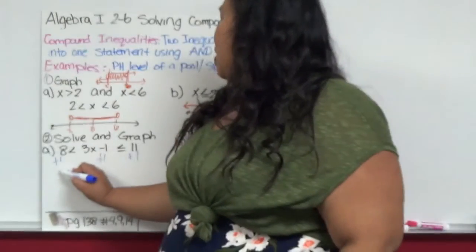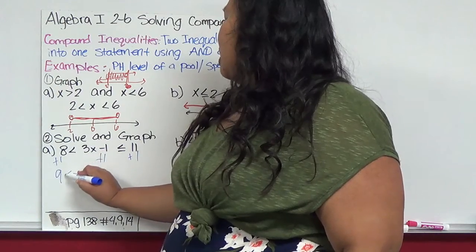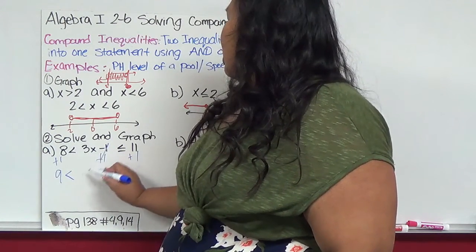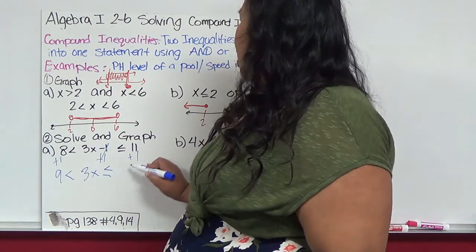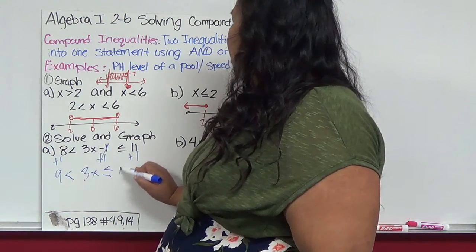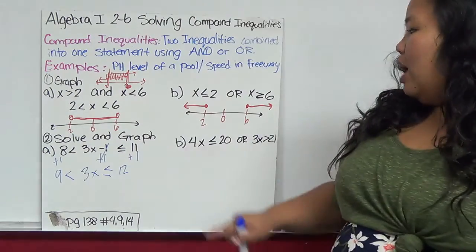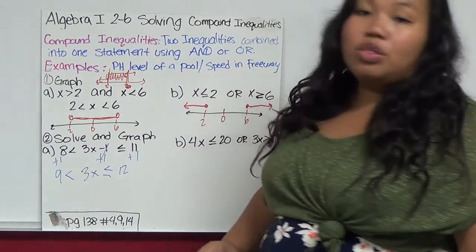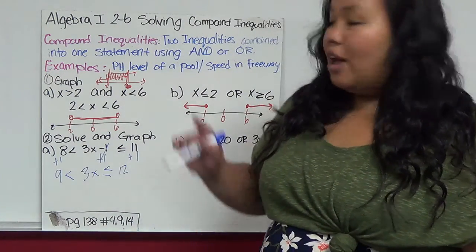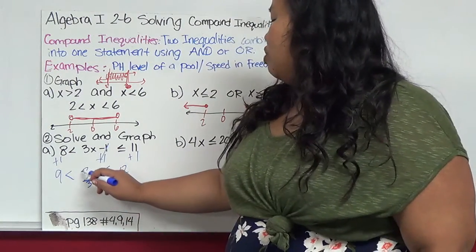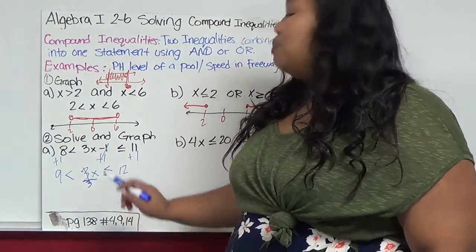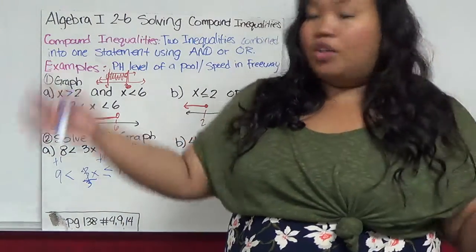Okay, so this becomes 9. I bring the signs down. 3x, because this cancels out. And then less than or equal to 12. Okay? And then for this one, if I want to get rid of the 3 because it's connected by multiplication, I have to divide. So I'm going to divide this by 3 to get rid of that, leaving me with just x. But whatever I do to one, I have to do to all the other sides.